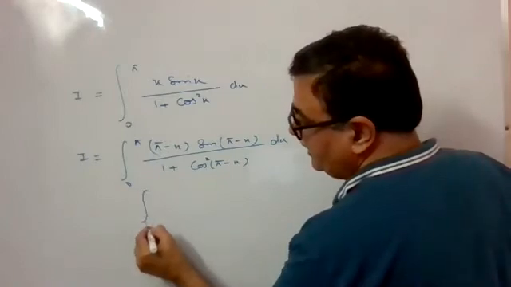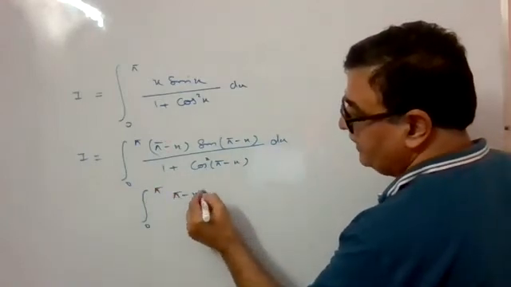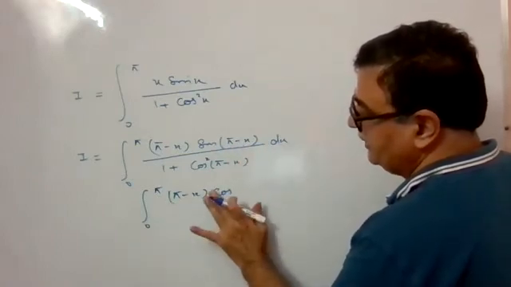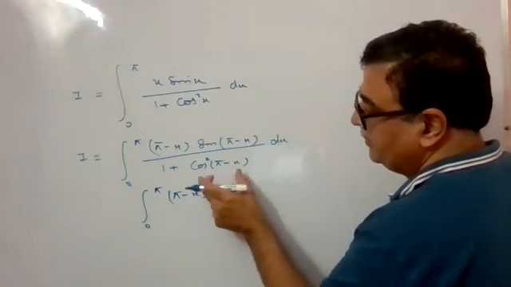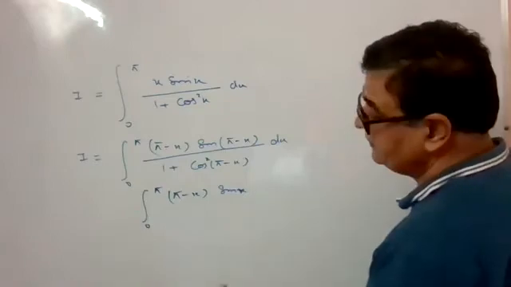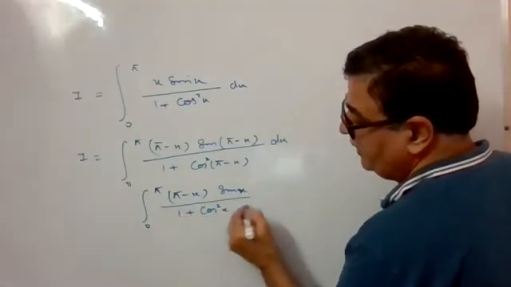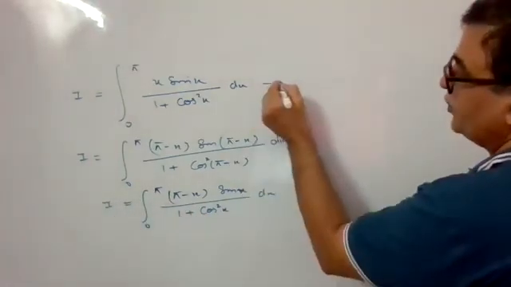Now we write this as 0 to pi, pi minus x is here. Sine of pi minus x will be simply sine x only. And here it will come minus cos x, but the square is there. So we'll write this as 1 plus cos square x dx. This is your I. This is equation 1.